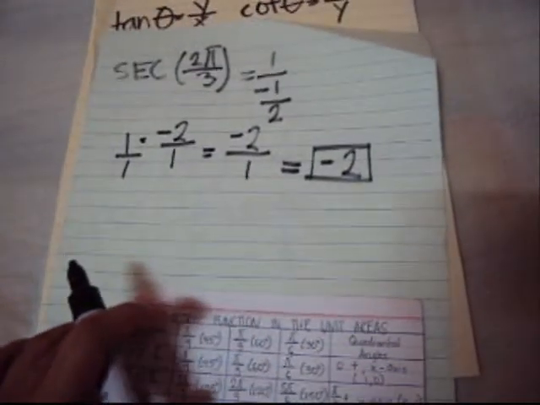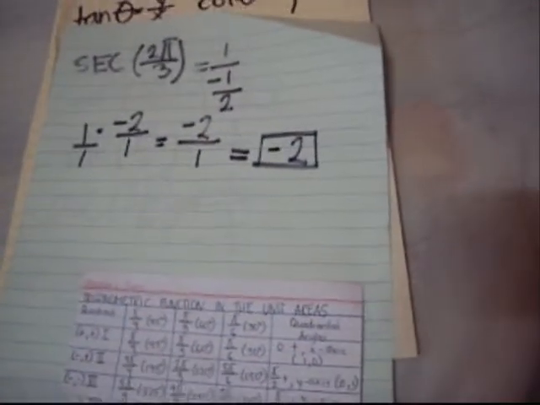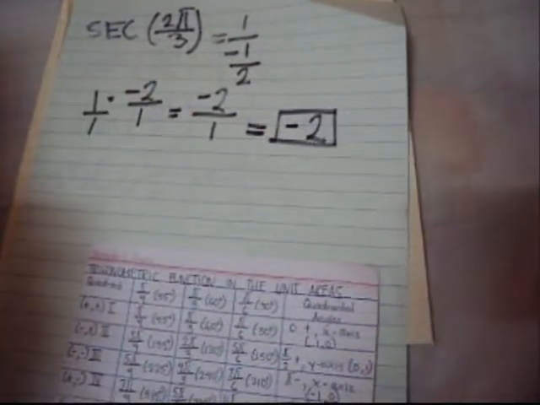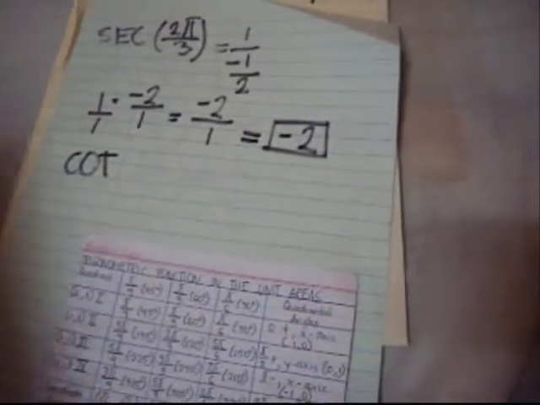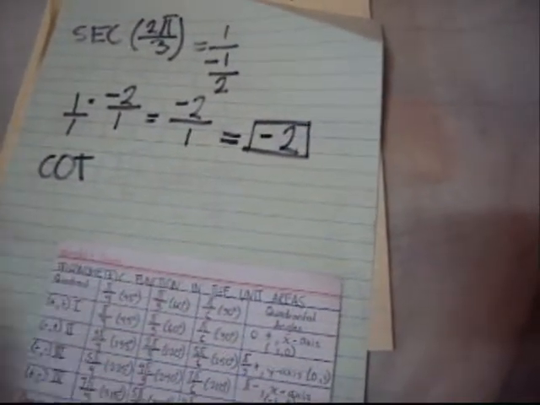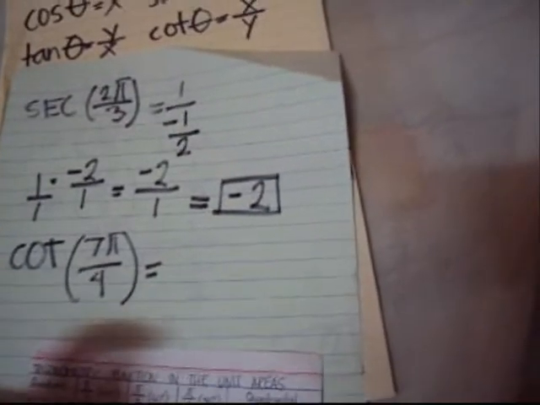And lastly, for cotangent, our example will be cotangent of 7 pi over 4. The formula for cotangent is x over y.